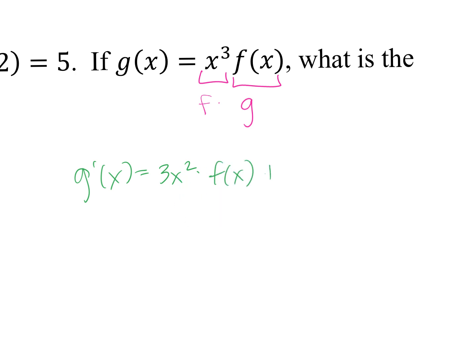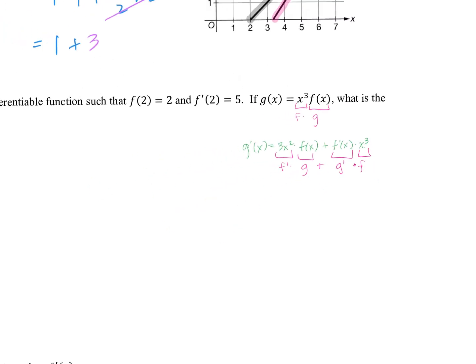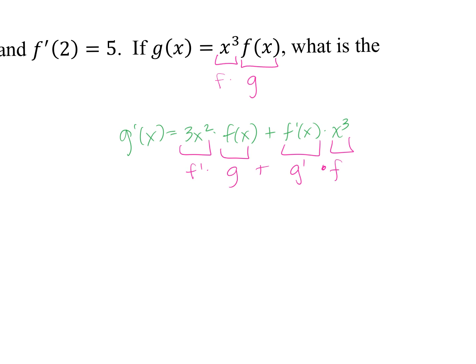We got to add to that g prime times f. Well said. F prime of x times f. Perfect. Look what we just did. This was f prime times g plus g prime times f. At this point, they want to know what is g prime of 2.